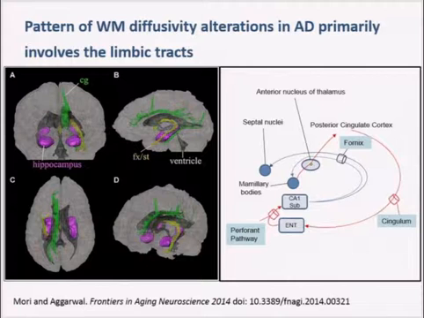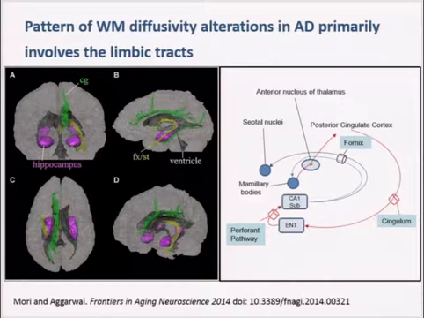the perforant pathway. So kind of reviewing what those tracts might be connecting to, we have the entorhinal cortex connecting to the CA1 subiculum subfields of the hippocampus through the perforant pathway, and fornix originating from the hippocampus and connecting to other limbic structures such as the mammillary bodies and septal nuclei.